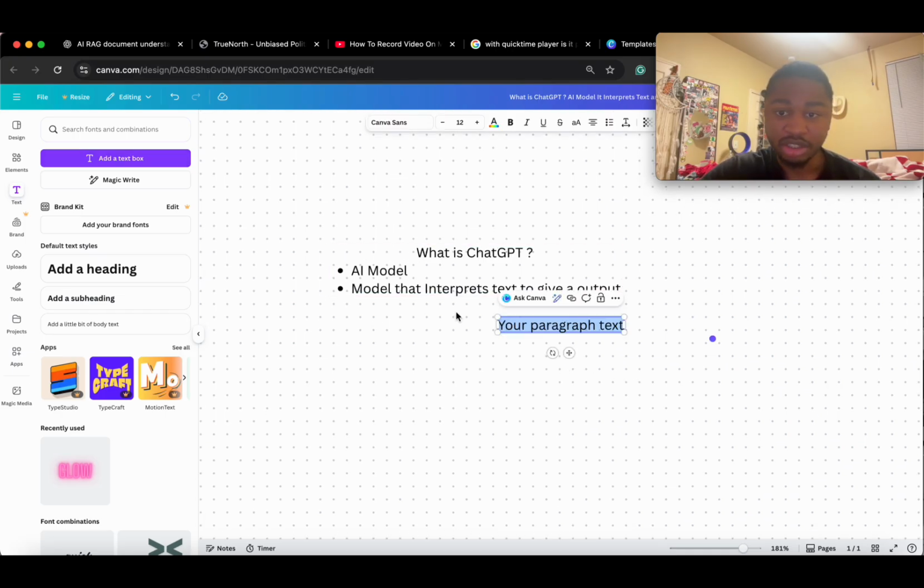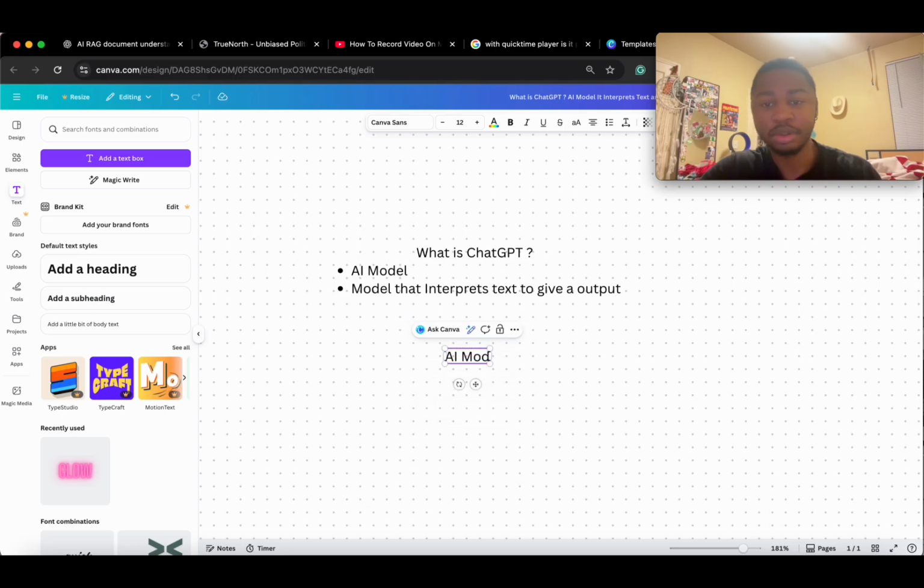And so we should ask the question further of what is an AI model? I hate using the word AI model because AI is a very broad term.